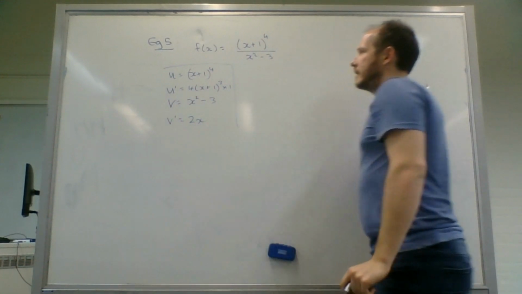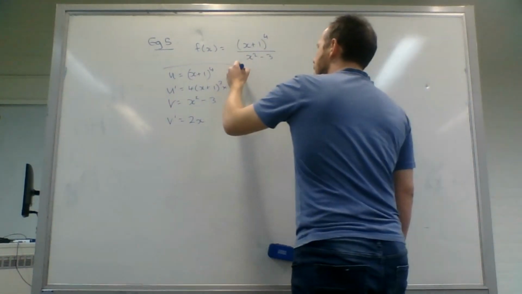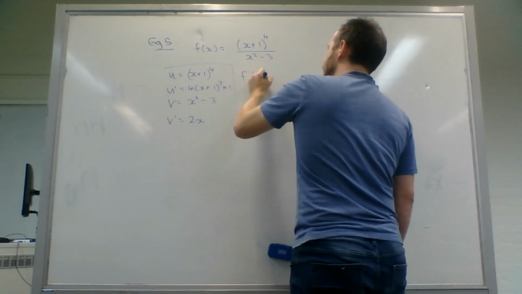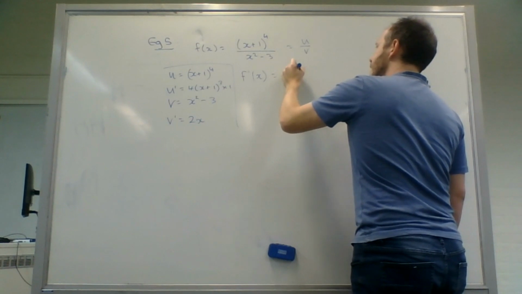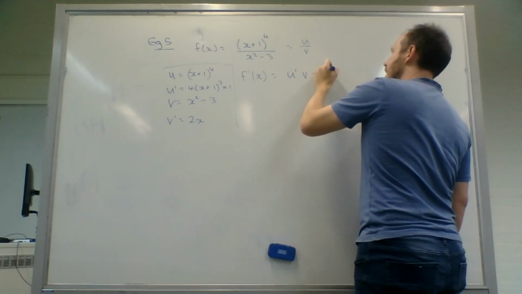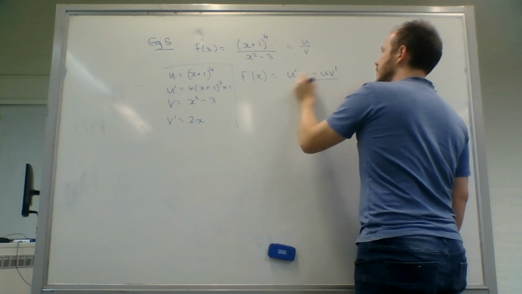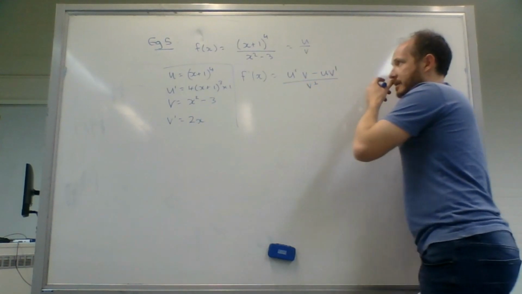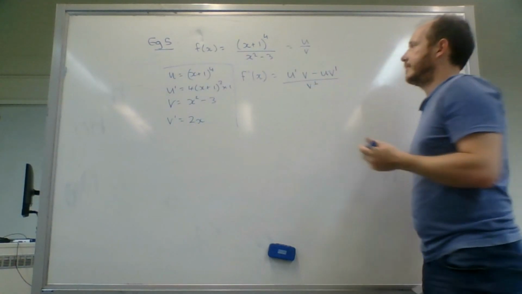So again, I've simplified like that. So now, if I find my derivative, so remember this is u over v. So f dashed x from my rule is u dash v minus u v dashed divided by v squared. So now I just take my functions and I put them in.